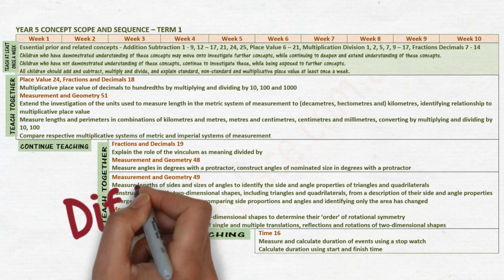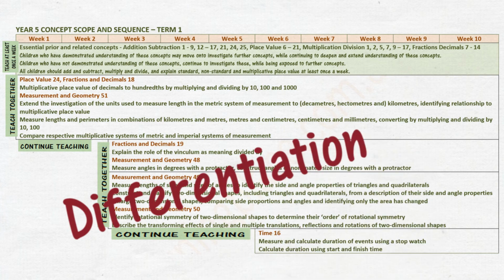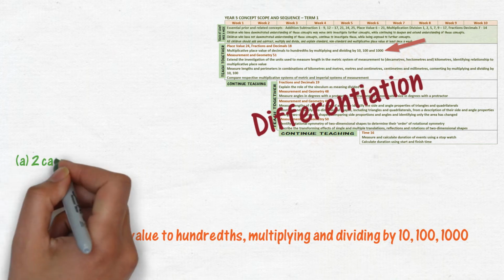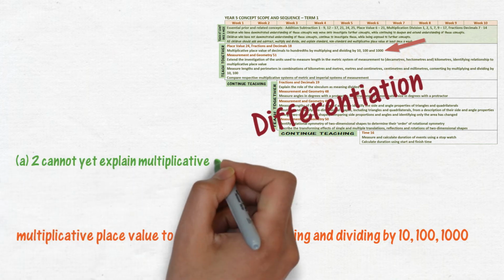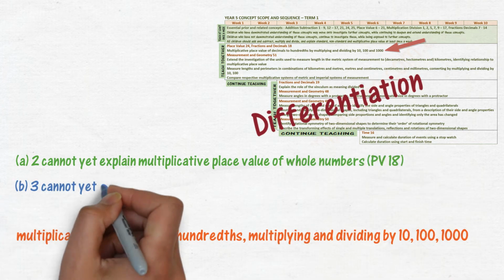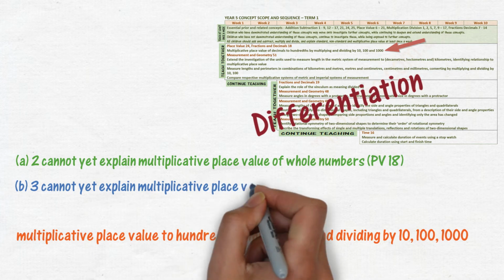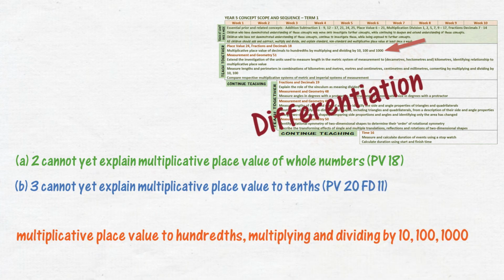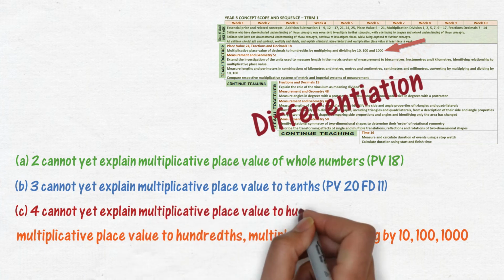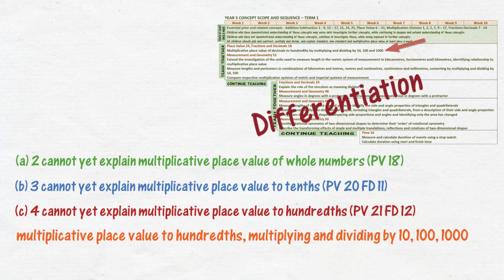This will require differentiation. For example, you want to begin teaching multiplicative place value of decimals to hundredths by multiplying and dividing by 10, 100 and 1,000. But A, 2 students cannot yet explain multiplicative place value of whole numbers, and B, 3 students cannot yet explain multiplicative place value to tenths, and C, 4 students cannot yet explain multiplicative place value to hundredths.